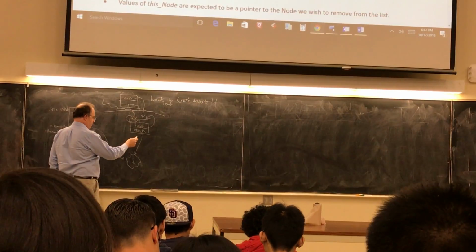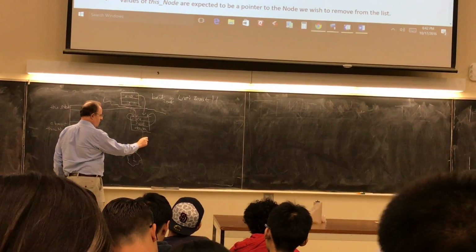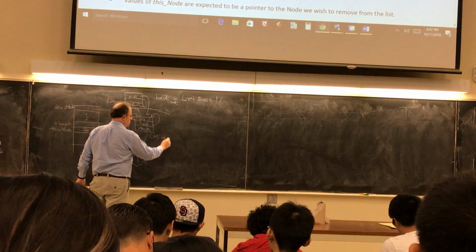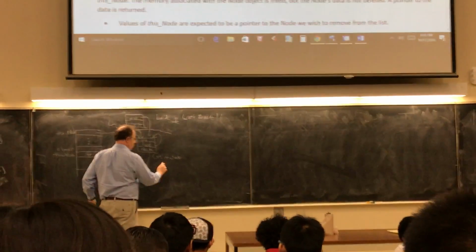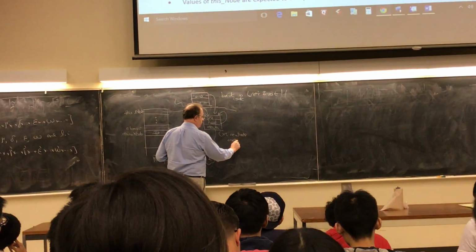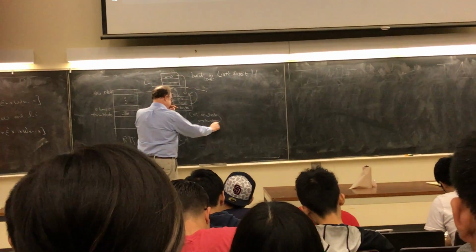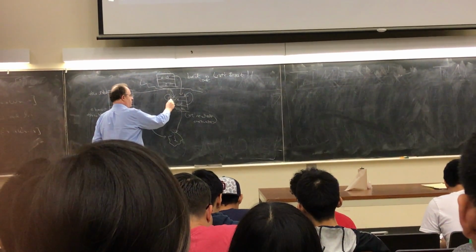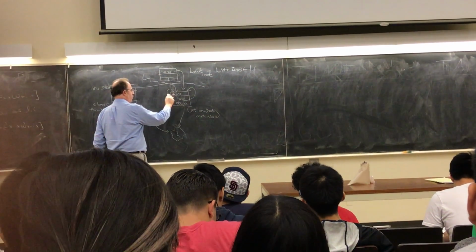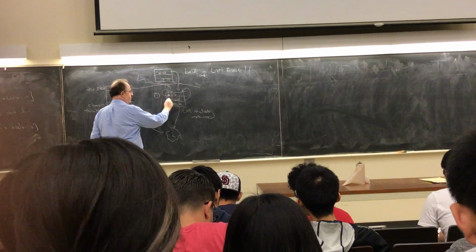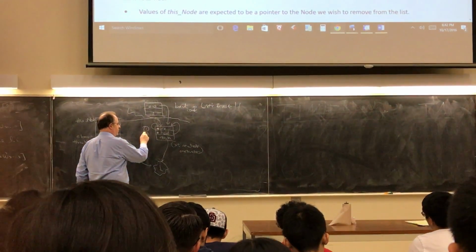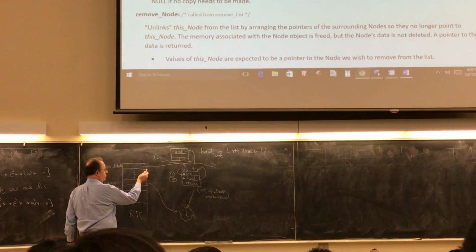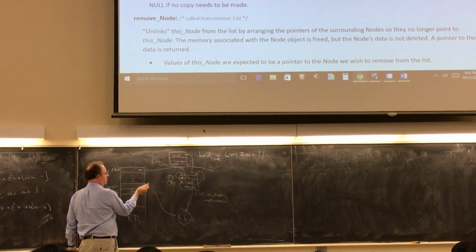So how many pointers are changing? This pointer is set by the new node constructor. So you don't have to do anything there. These pointers you need to change. So this needs to be set. Let's say this is number 1. Next needs to be set. So this is, let's say it's number 2. And you're assigning it to this node. So this needs to be set as well.